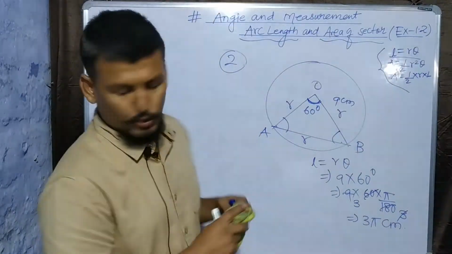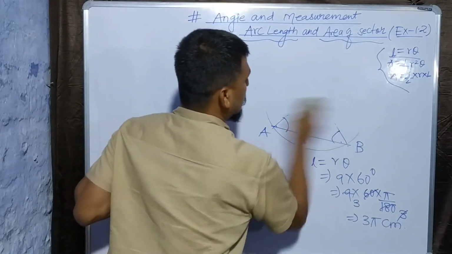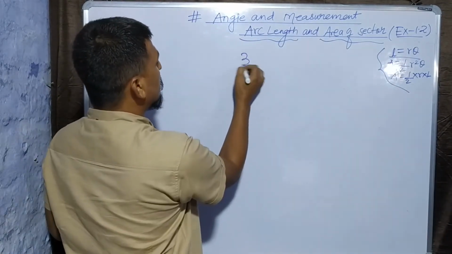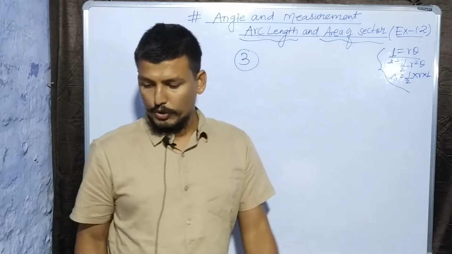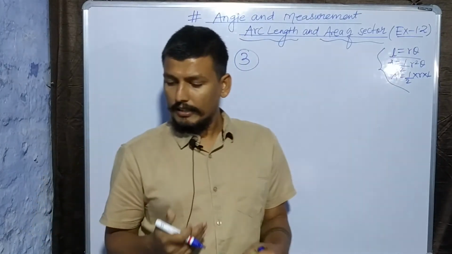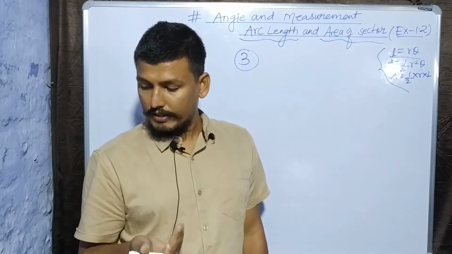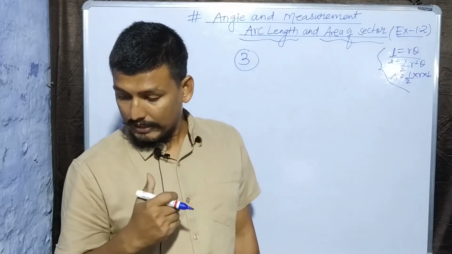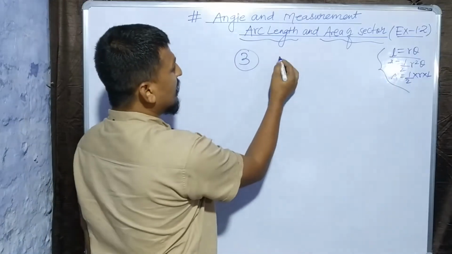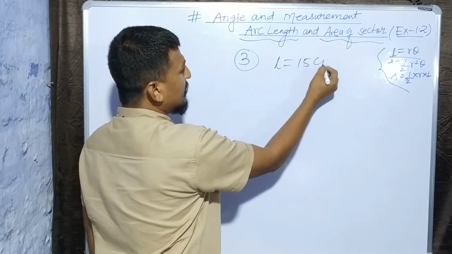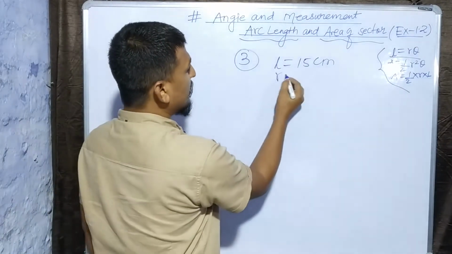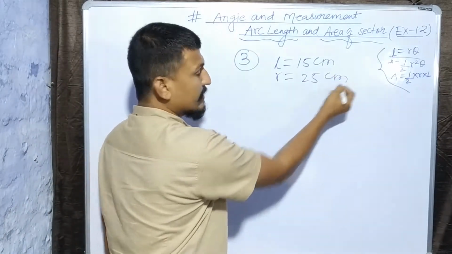We'll move to question number 3. Find the angle in degree subtended at the center of a circle by an arc whose length is 15 centimeter. Length of arc is given and radius of the circle is given as 25 centimeter.